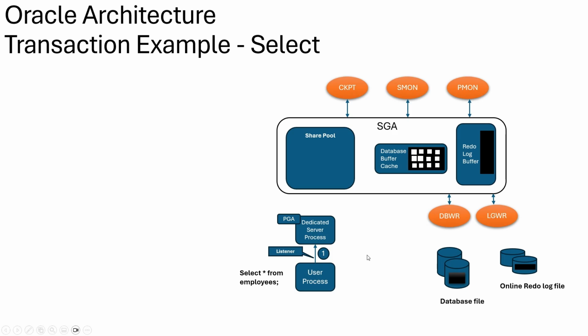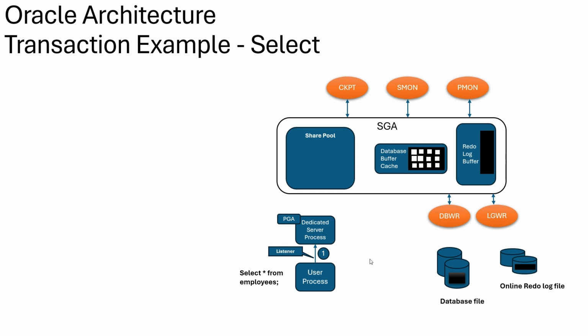Once the user process starts communicating with the server process, the server process will be allocated the PGA, program global area. A dedicated area will be allocated to the server process, to hold the session information, cursor information, stack information.